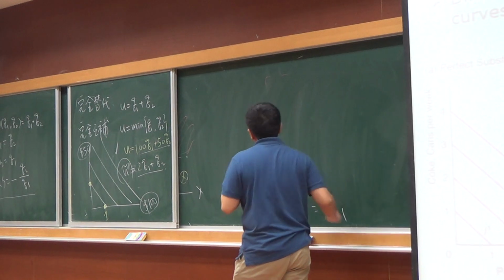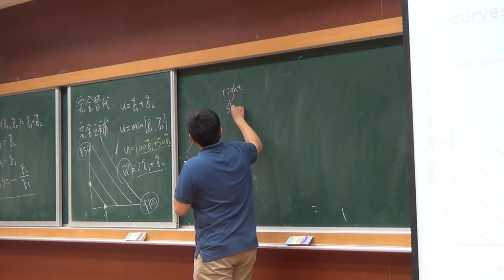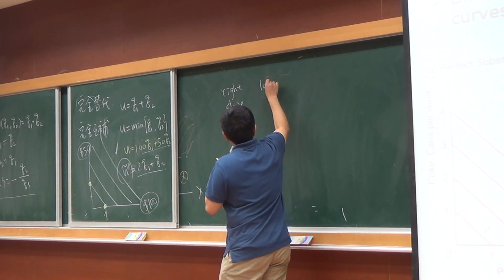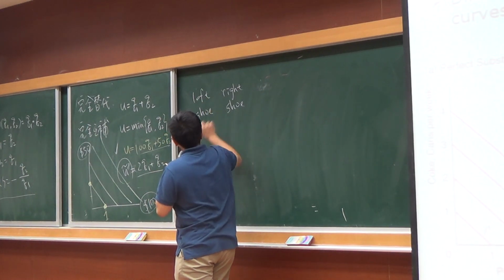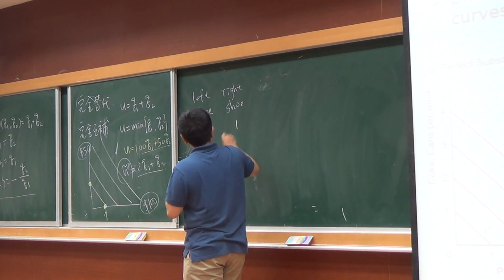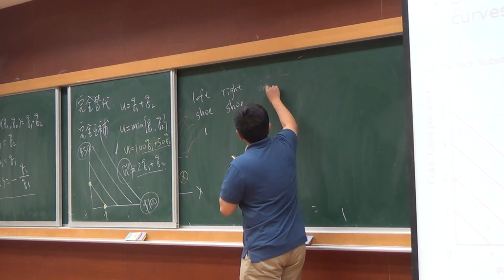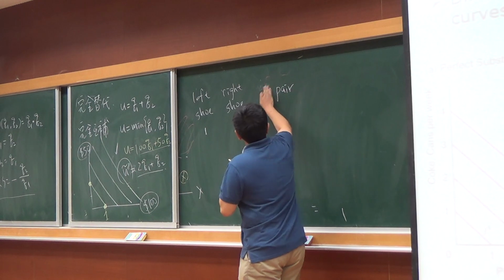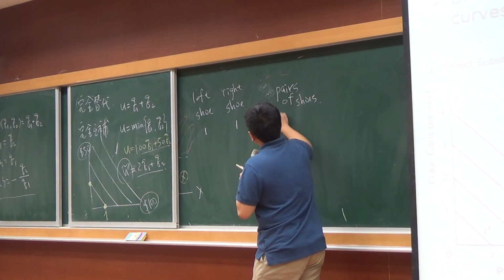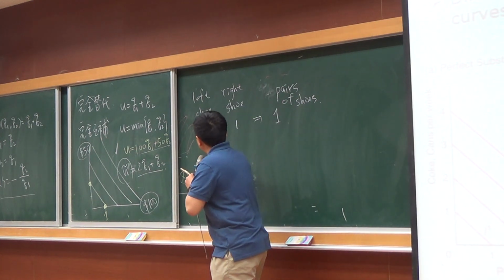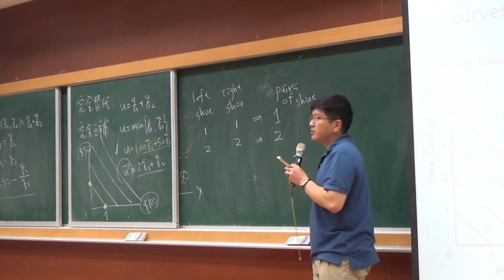So right shoe, left shoe. One left shoe, one right shoe gives you a pair, so pairs of shoes. It will be one. If two left shoes, two right shoes gives you two pairs of shoes.